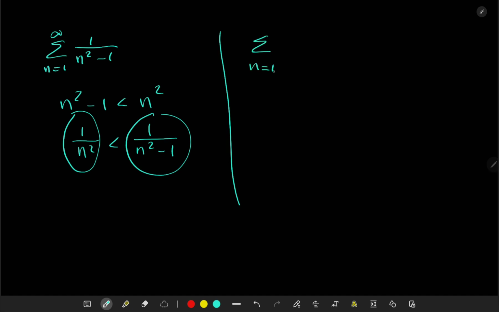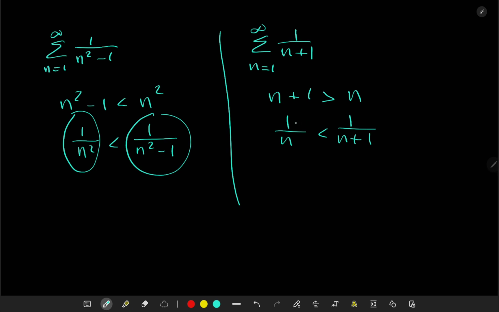So you go from n equals 1 to infinity of 1 over n plus 1. And again, you say this is sort of like the series from n equals 1 to infinity of 1 over n, which diverges. So let's see how I can compare it. n plus 1 is larger than n, so taking reciprocals, 1 over n is going to be less than 1 over n plus 1.